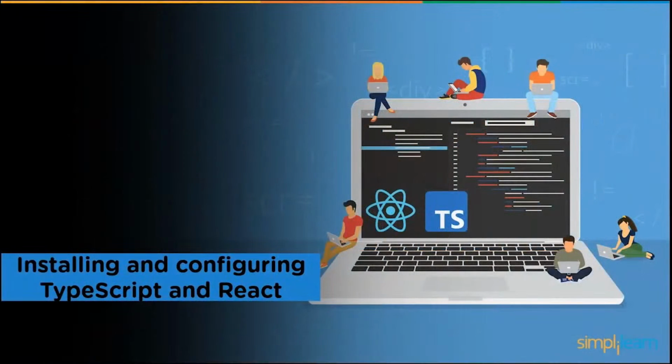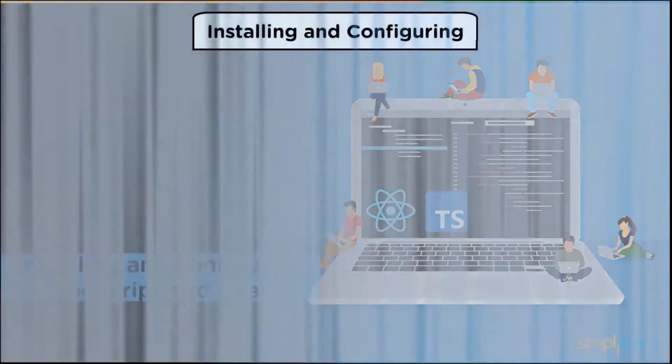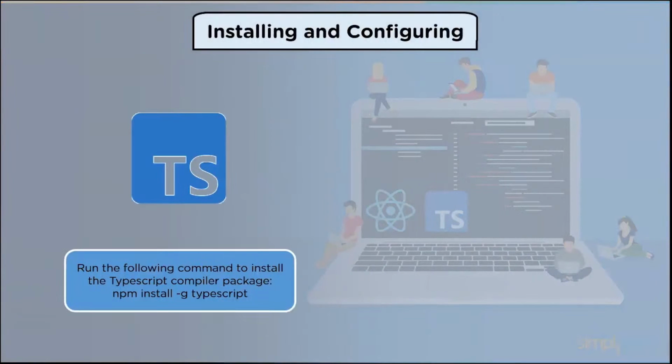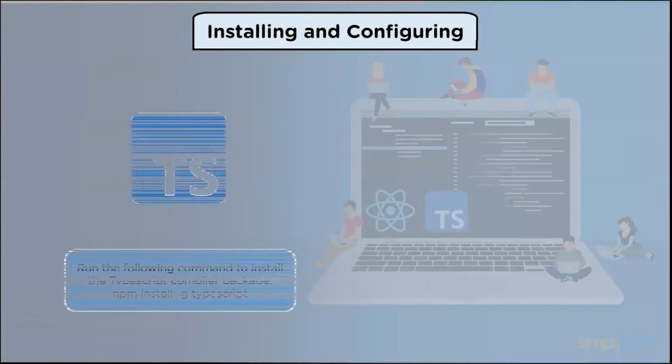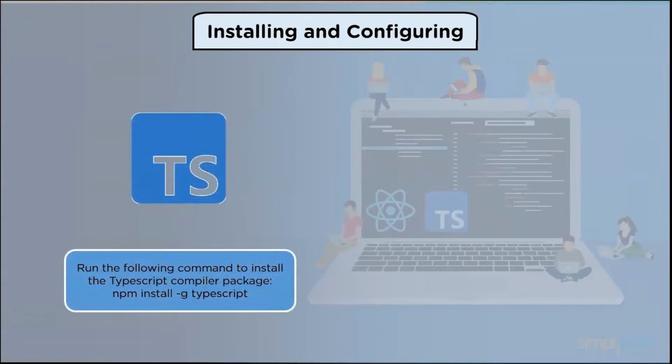Installing and configuring TypeScript and React. Before we install TypeScript, we need to install Node.js. Go to the Node.js official website and you can install Node.js from there. Once you install Node.js, go to the command prompt and run this command: npm install -g typescript.